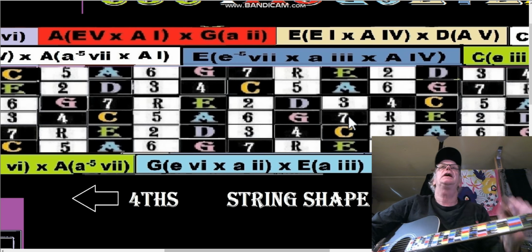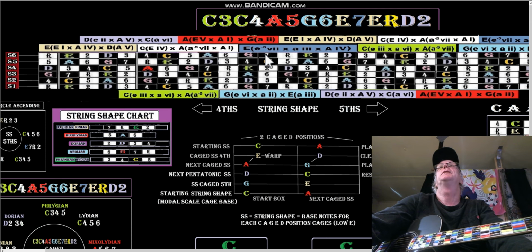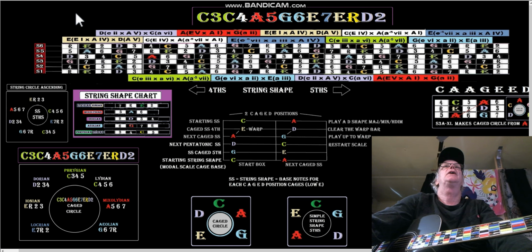The peculiarity about these new cages here that I don't like about them, but we're going to have to deal with it for now, is that we have the cutout option. So that's the best we can do. Each of these cages has a double, but these are the modal cages. So in the C modal cage, we've got this double root here, right? We've got the double 7 there or something like that in that C cage.